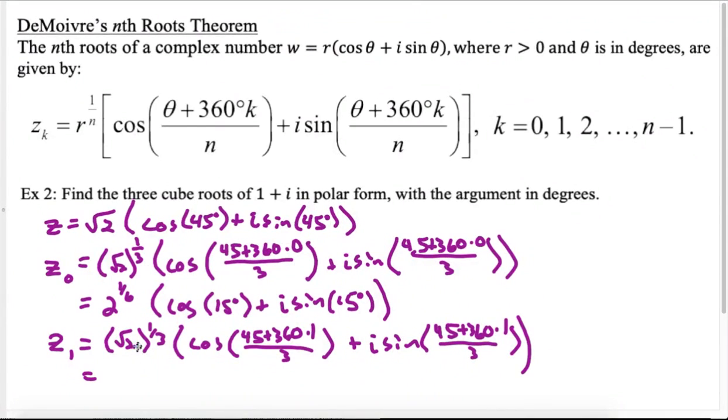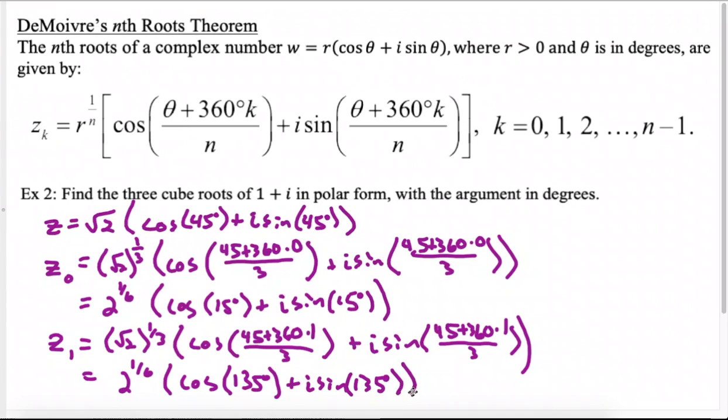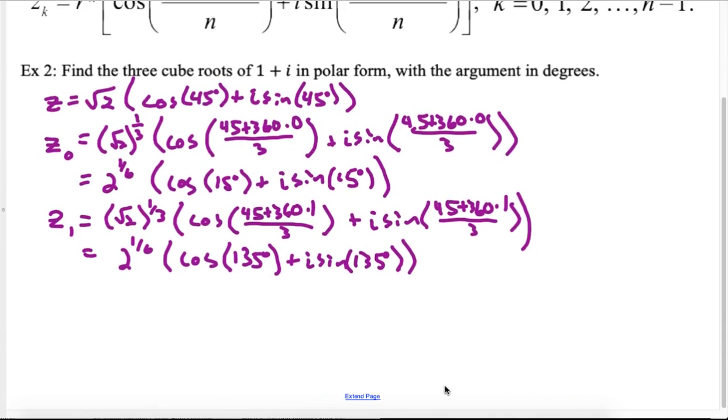If we simplify, this would again be 2 to the 1/6, and then times cosine of 45 plus 360 times 1 divided by 3, which is 135. We can leave our answer in polar form, just like that. So we have one more to do: we need to do k equals 2.